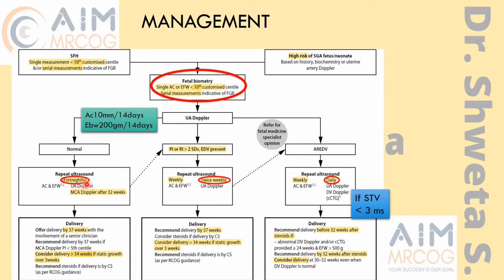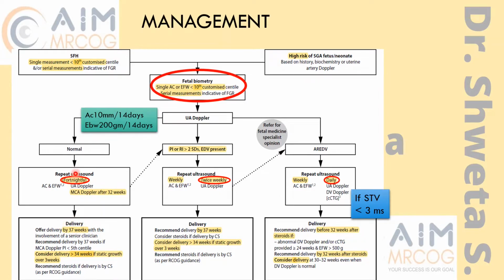And middle cerebral you will be doing after 32 weeks because we have already seen if umbilical artery Doppler is normal, then you have to time the delivery according to middle cerebral artery. That's why you are doing this after 32 weeks. After 32 weeks, very important, because accordingly you are going to time your delivery.